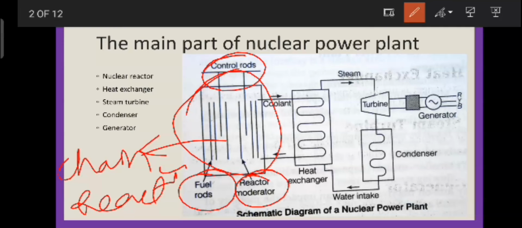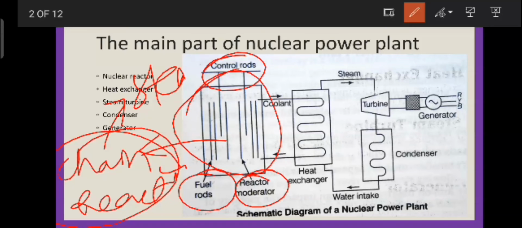Huge amount of energy will be produced in this chain reaction. The generated energy is used to generate steam, and that steam is used to run the turbine.